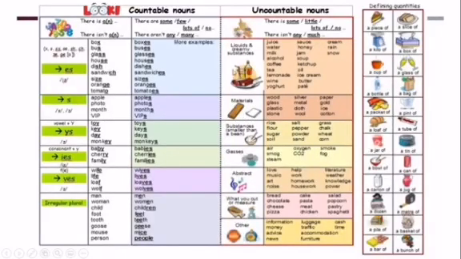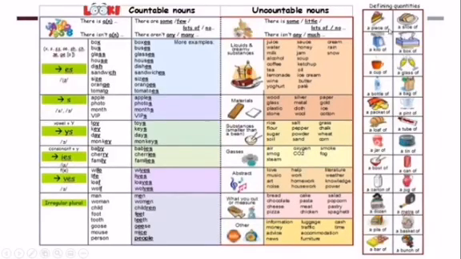Pay attention because maybe you can get confused that in Spanish we say un pan, dos panes, tres panes, but in English bread is uncountable. You see, you can measure it. You can say a slice of bread.